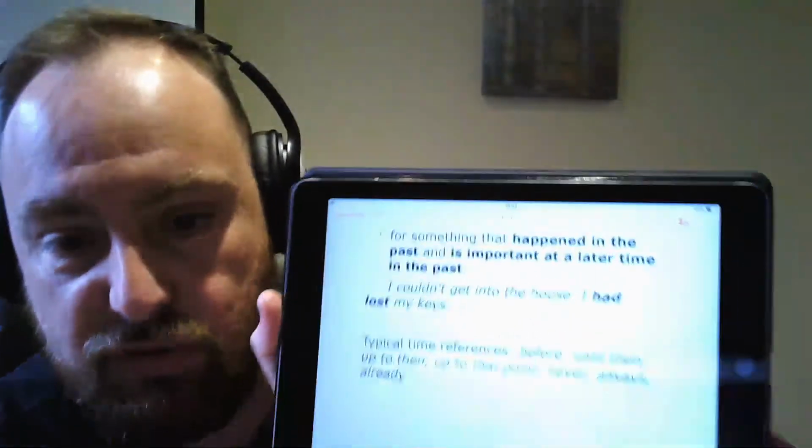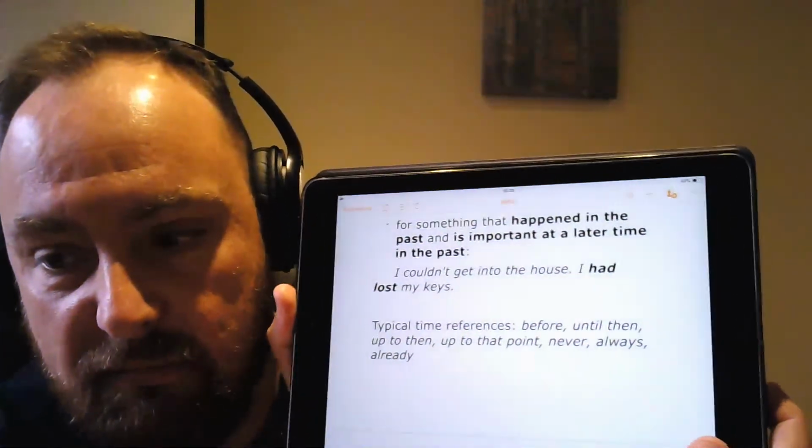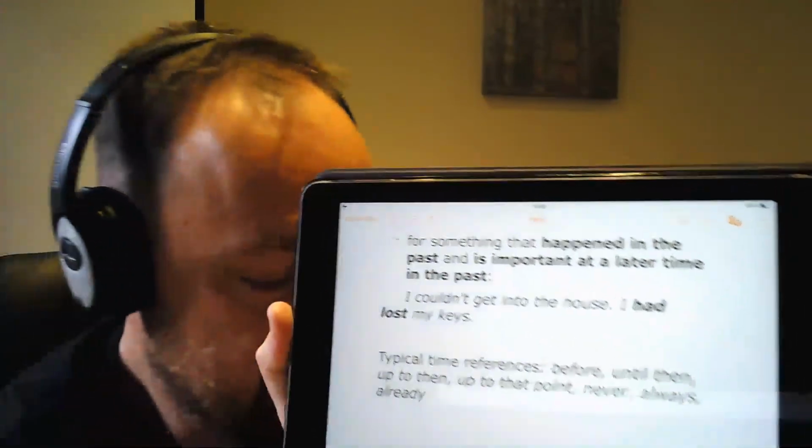Okay, and the last example that we're going to look at with past perfect simple. I hope you're already thinking about the examples that you're going to put in the chat box because that's coming. Okay, and again, very similar to the present perfect examples.